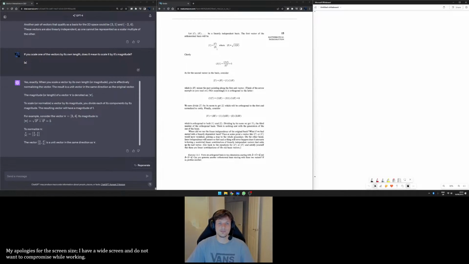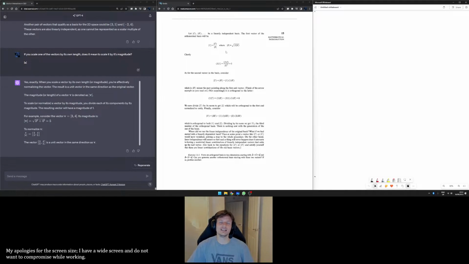Clearly, if that's the case, then the inner product squared is going to be equal to 1. Let me just think about this. So the inner product divided by the inner product to the square root and then squared again is of course going to be 1.